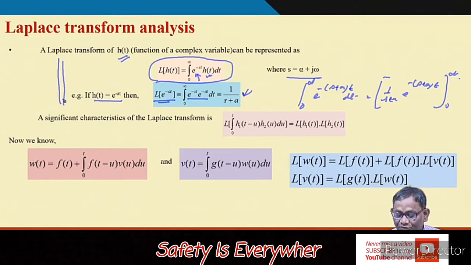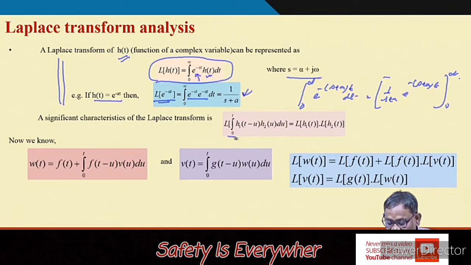We will use here the fundamental properties, or significant characteristics, of the Laplace transform, which basically help us in analytically solving for Vt and Wt, the unconditional failure and repair intensities.